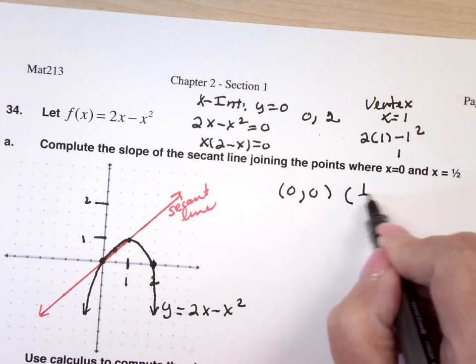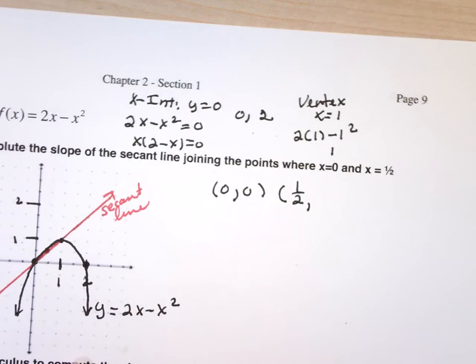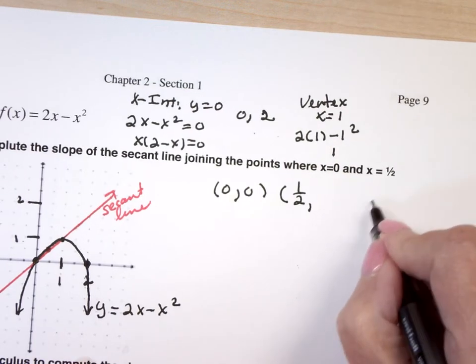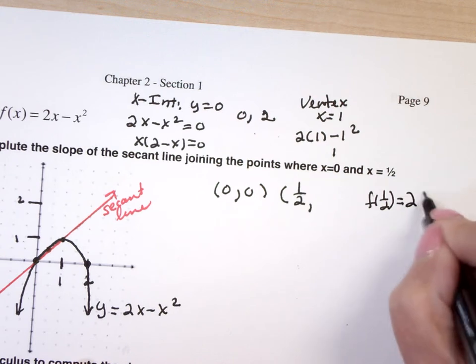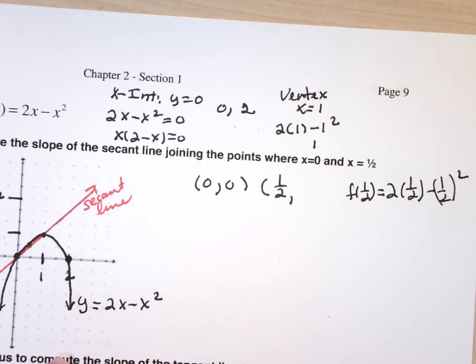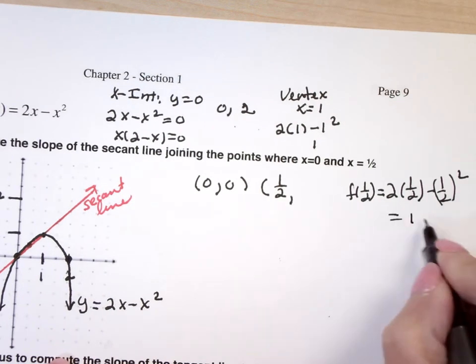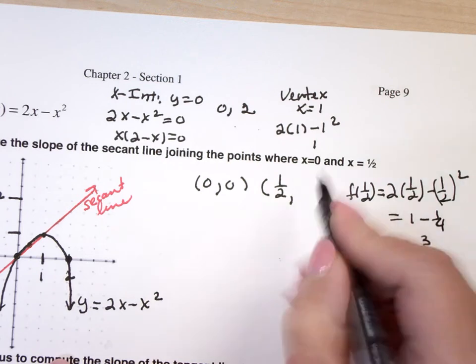If x equals 1/2, I need the y value. So f of 1/2 equals 2 times 1/2 minus 1/2 squared, which is 1 minus 1/4, or 3/4.